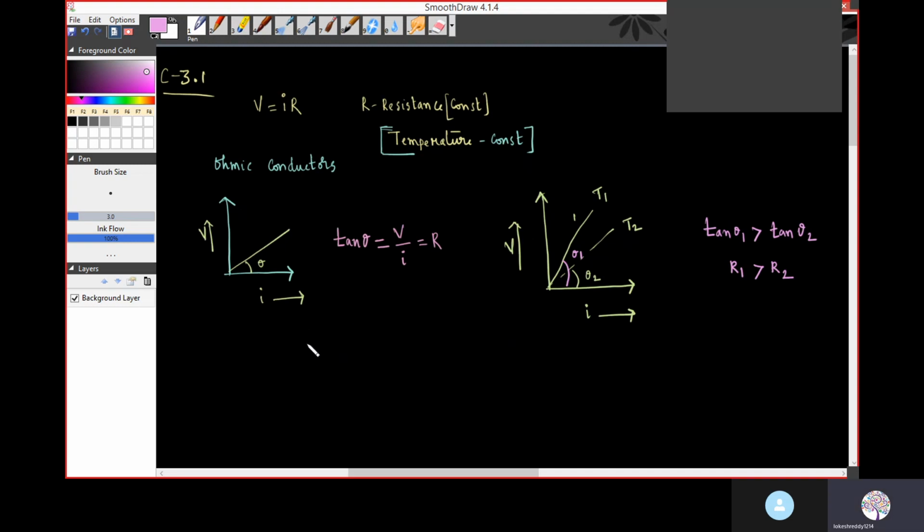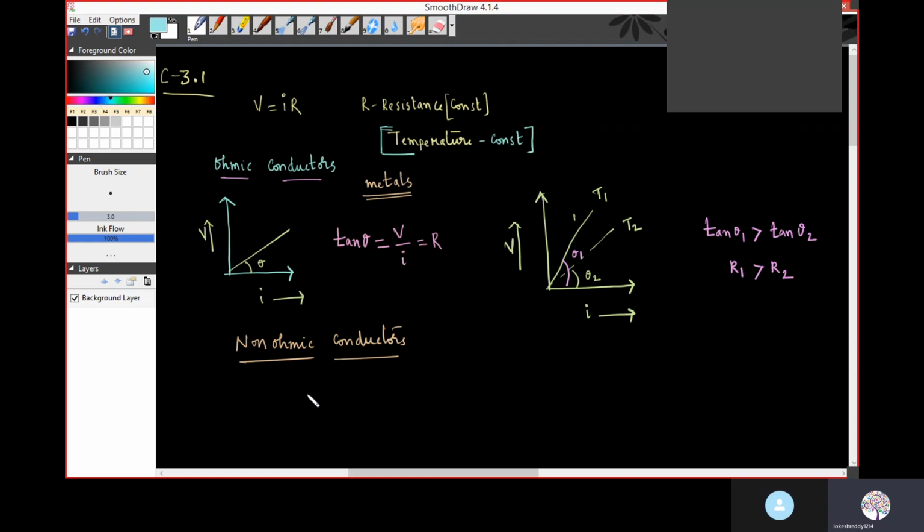Those which don't follow Ohm's law are called non-ohmic conductors. Ohmic conductors are basically metals.